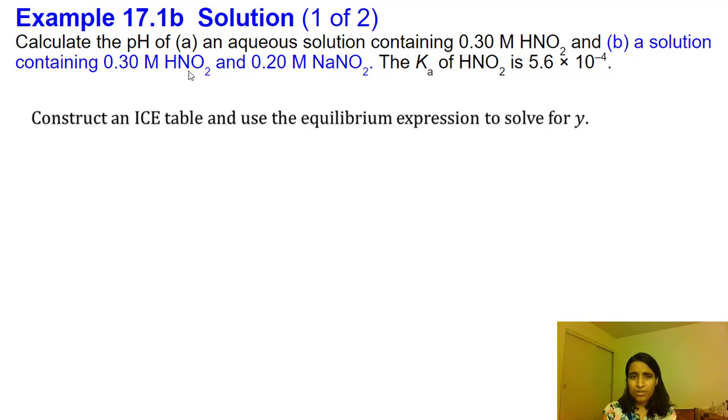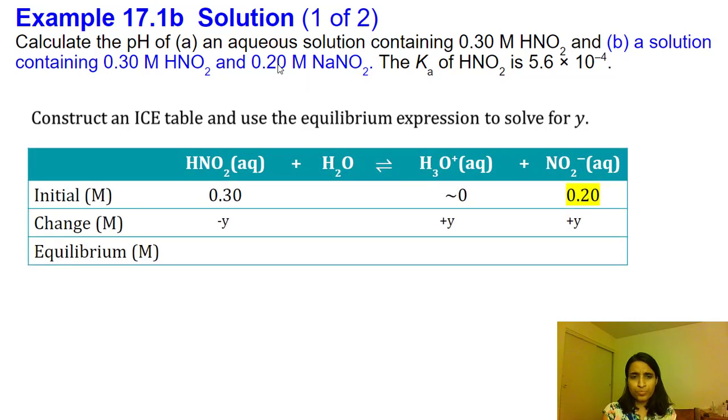So how do you get a conjugate base? If you take the hydrogen away, you have the conjugate base. So we actually have a combination of a weak acid and a conjugate base. Keep that in mind because that is important. In this particular case, we are going to have an initial amount of 0.30 for the acid, and for the NO2, we are going to have 0.20.